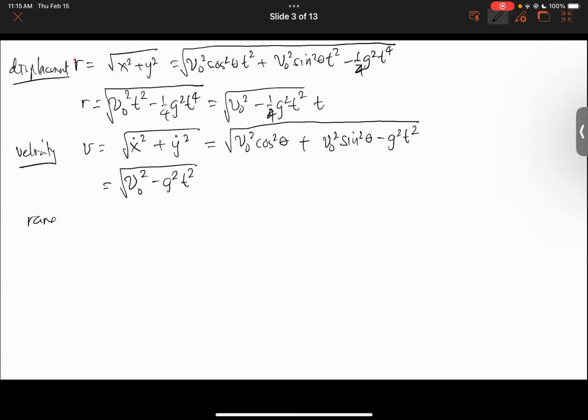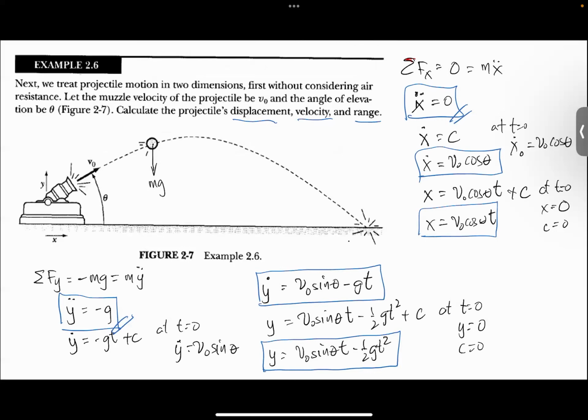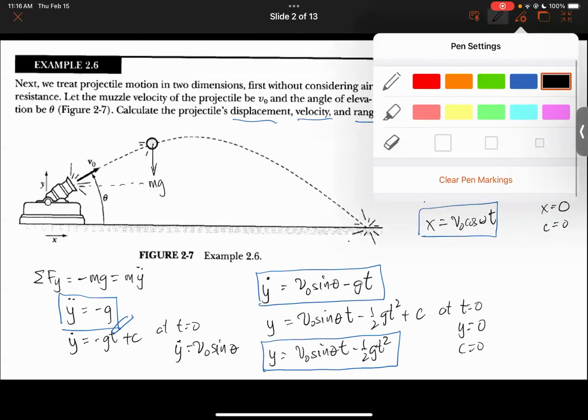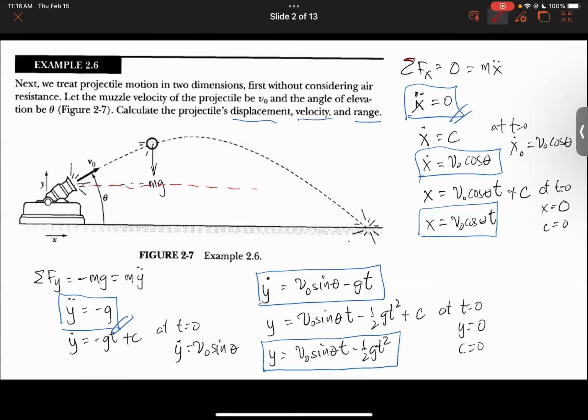Now for the range, anong ginagawa niyo sa 101 para ma-solve yung range? Ang ginagawa niyo sa 101 ay tinitignan niyo yung y displacement. Okay. So if we go back to the figure, ito yung tinitignan niyo. Kung ito yung kanyang starting position, and dyan yung final position, and if you want to compute for the range, we say na yung final position niya is at the same level as the starting position.